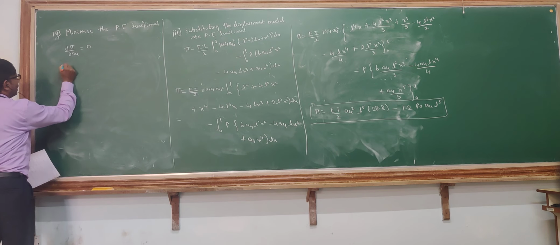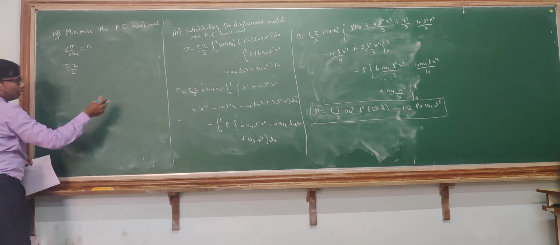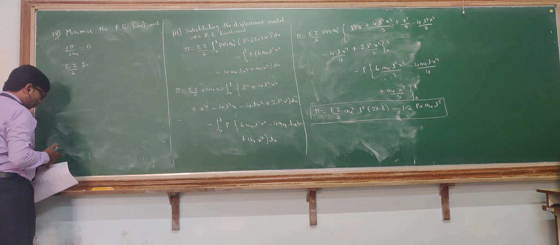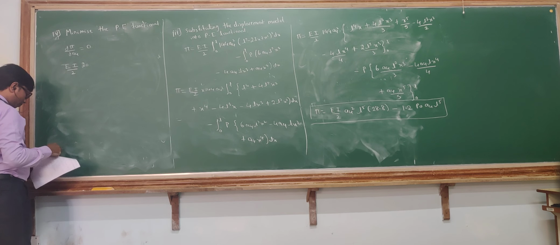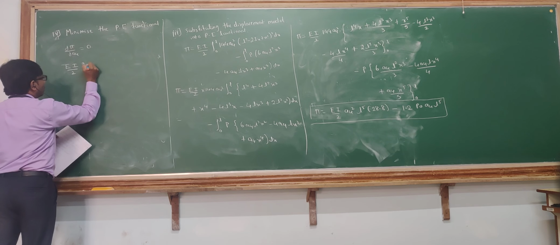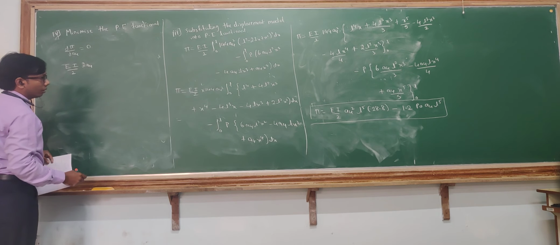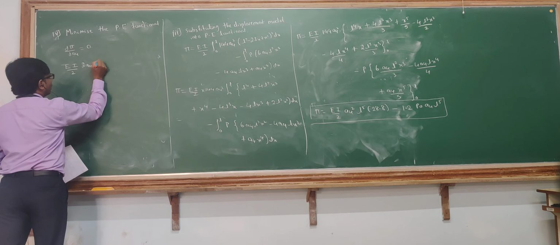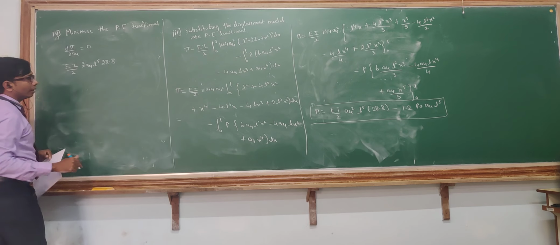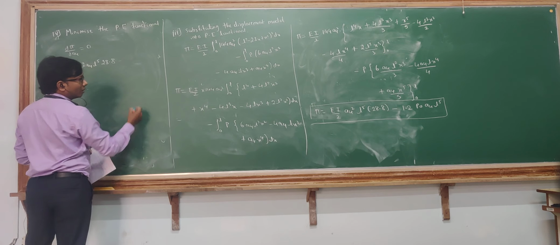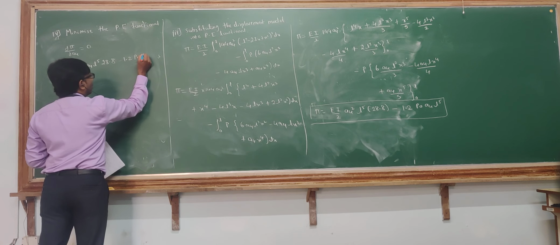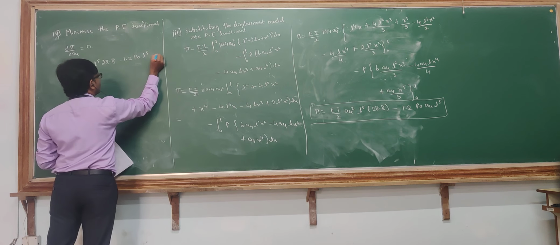So you will be getting EI by 2 into 2A4 L5 28.8 minus 1.2 P naught L5 should be equal to 0.